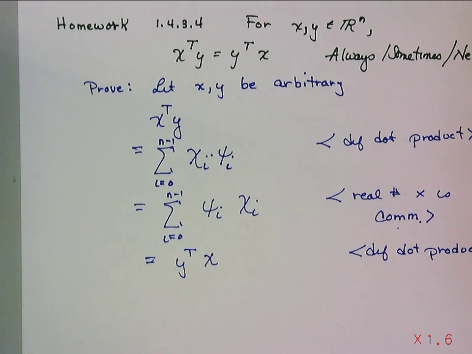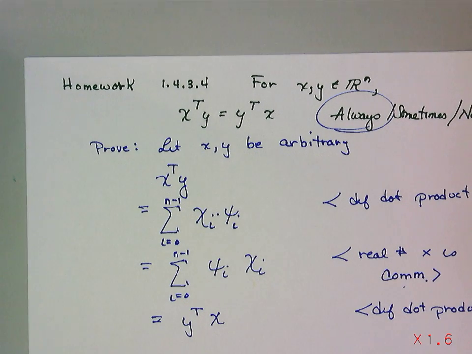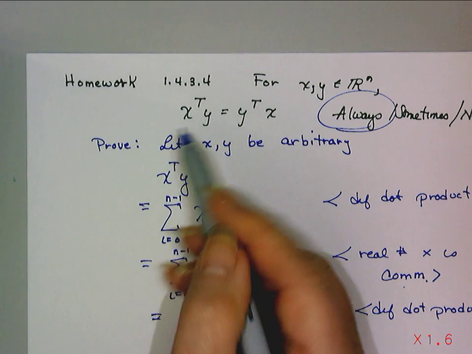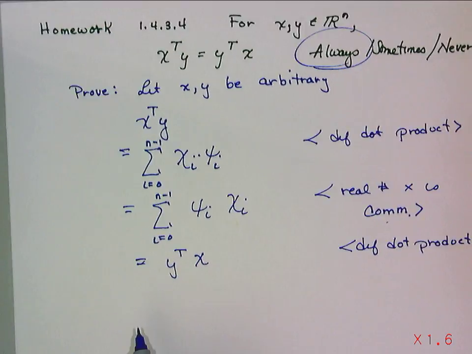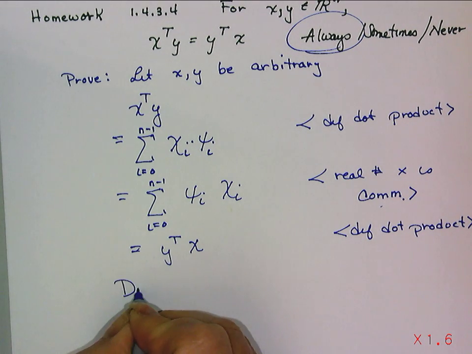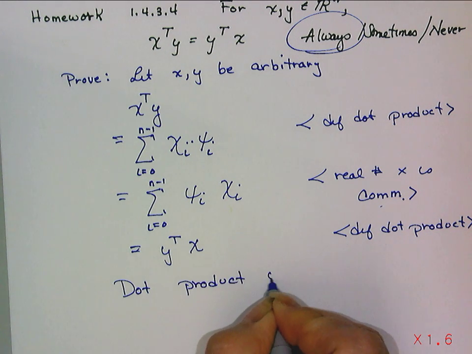And so we're done. It is always the case that x transpose y is equal to y transpose x. And remember, this is the notation that we use for dot product. And so what we have shown is something very important. Dot product is commutative.